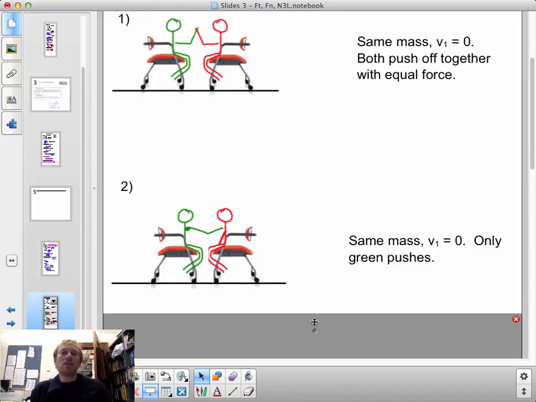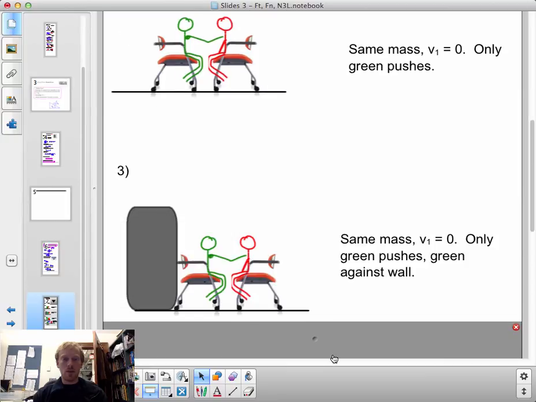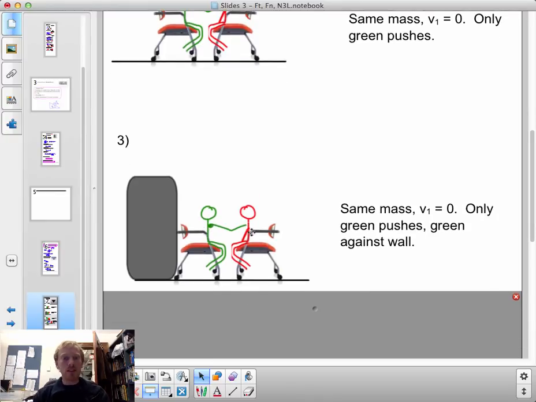But how about if red keeps his or her arms down and only green is doing the pushing? Does green exert more force on red, or does red exert more force on green? What if green is backed up against a wall and can't accelerate backwards, and only green pushes? Does green exert more force on red, or does red exert more force on green?